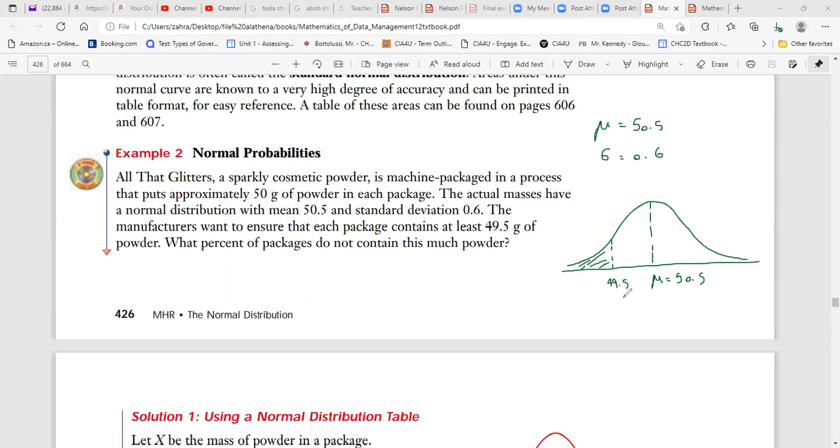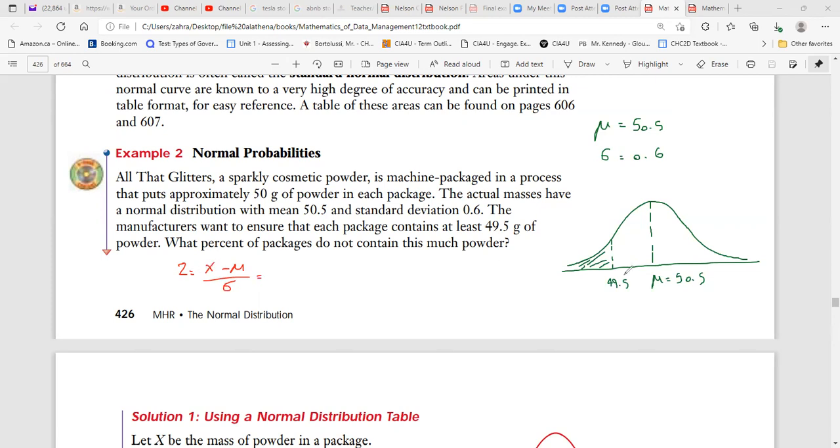What we do first is convert 49.5 to a z score. The z score is equal to x minus mu divided by sigma.